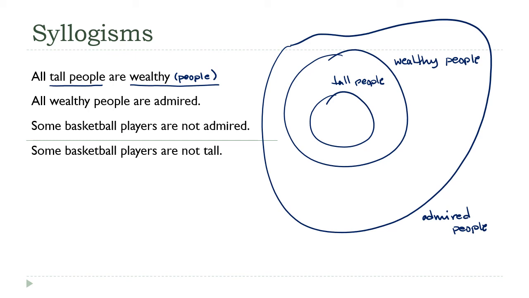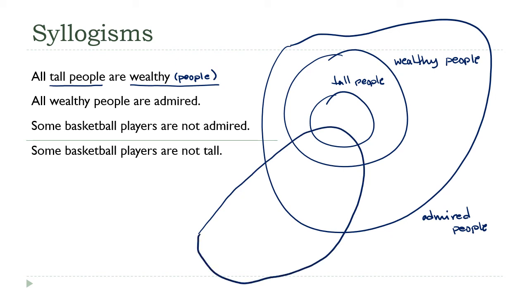Now notice how I do this, and again, I'm going to have to depart from a pure circle here. I'm going to draw it so that the basketball players circle overlaps the tall people and wealthy people circles, because the statement didn't give me any reason to believe they shouldn't. I want to include as many possibilities as possible within the limitations of the statements.